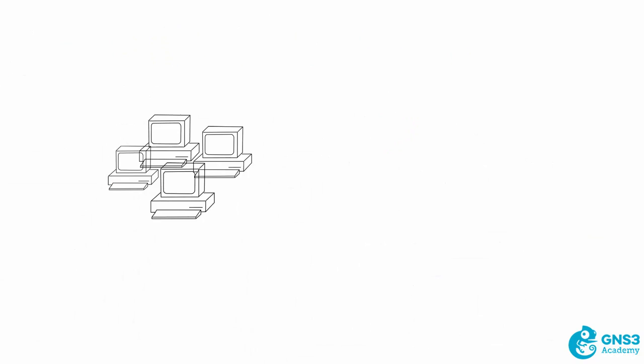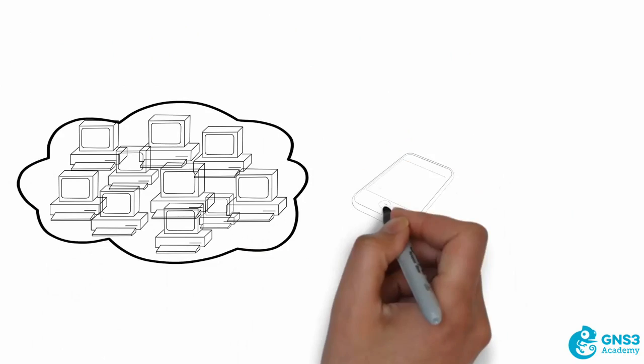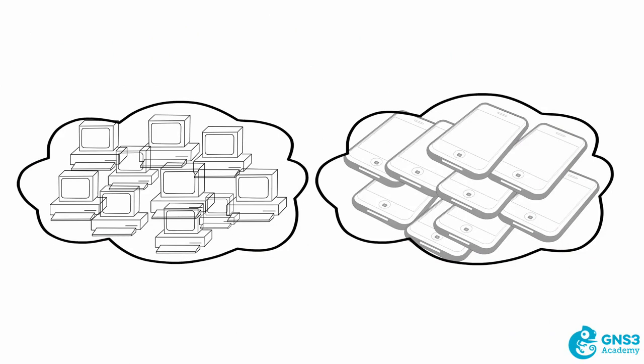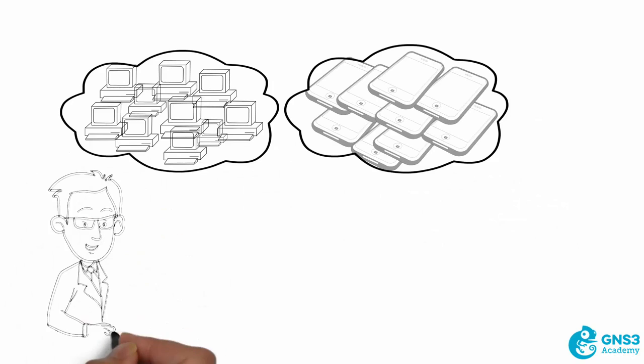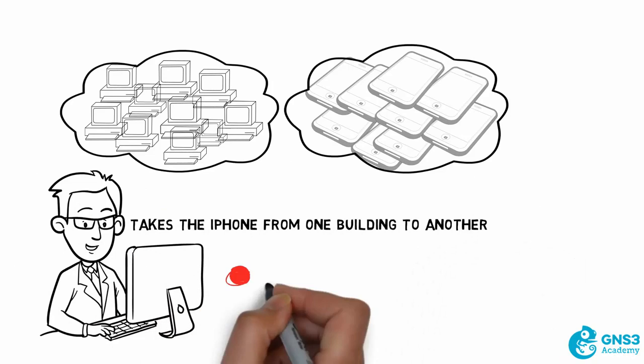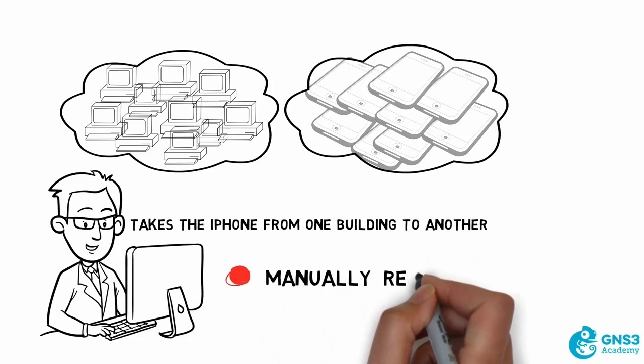Now, if you had an enterprise network with thousands of PCs and thousands of phones, it makes a lot more sense to configure a server or multiple servers to dynamically allocate IP addresses to devices. This makes even more sense when devices move around. So if a user takes their iPhone from one building to another, you don't want to have to manually reconfigure that device.